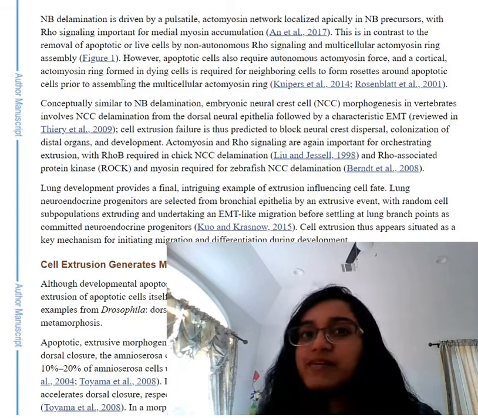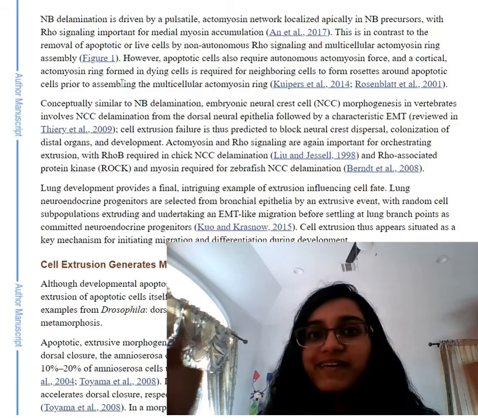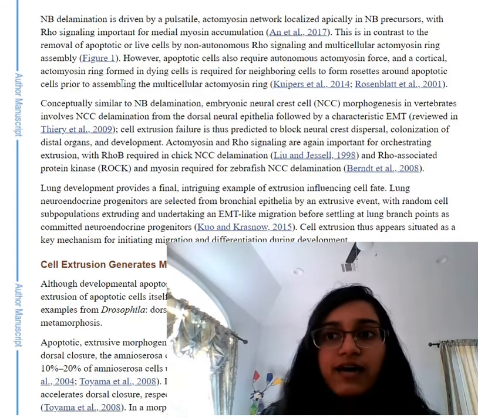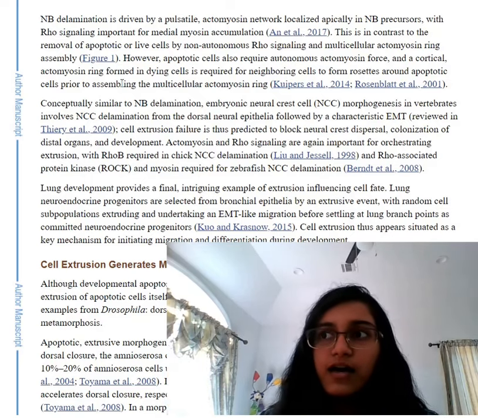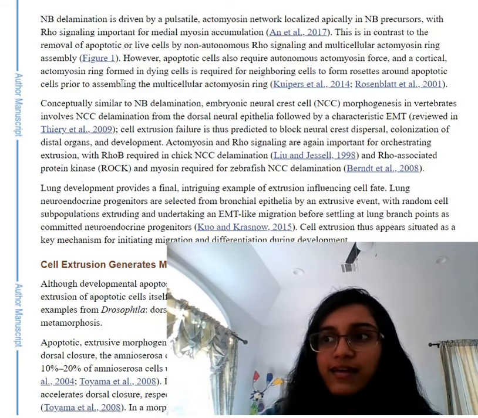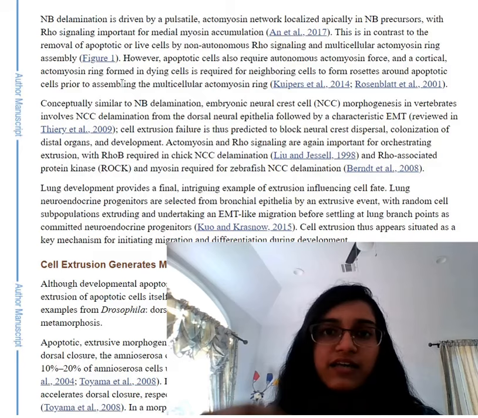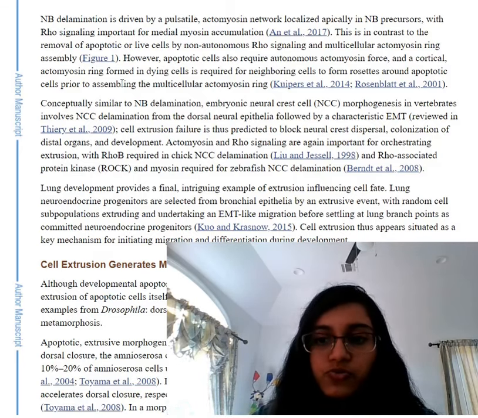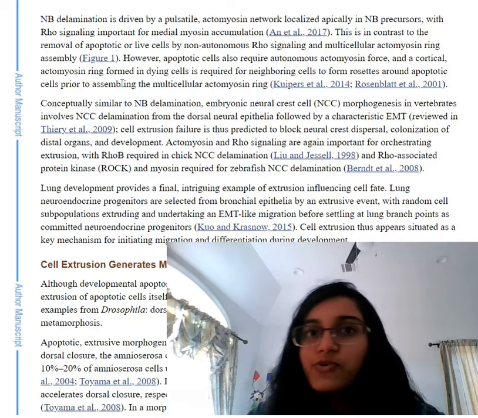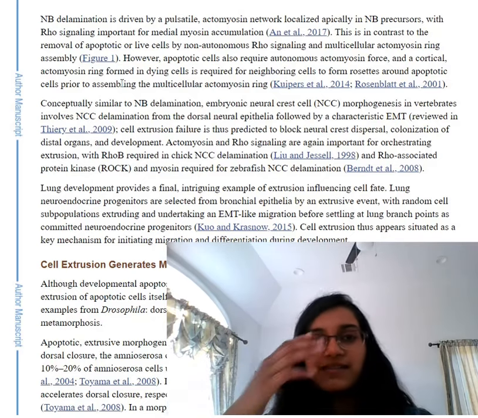I don't know if it's just me, but I think the concept is really cool because cell extrusion takes away dying cells. It plays a role in apoptosis, and determining cell fate and delamination helps to set the role of new cells. So it goes both ways.